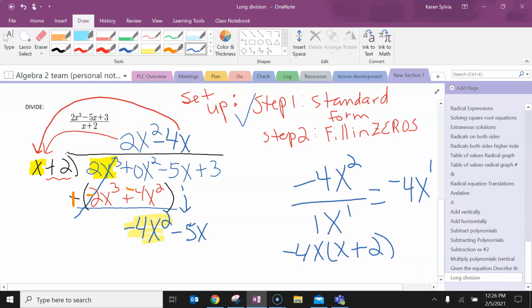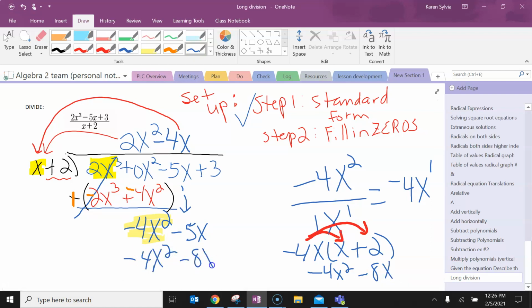When I multiply, I need to distribute, so I'm going to have negative 4x squared. And my second term will become negative 8x. That's what's going to go directly below what I just divided.